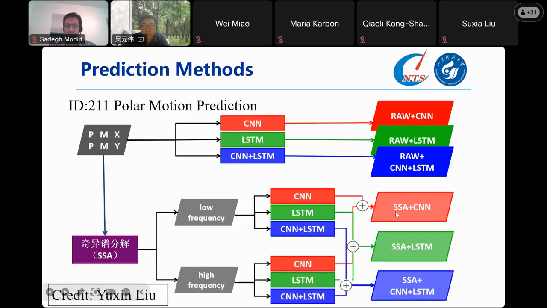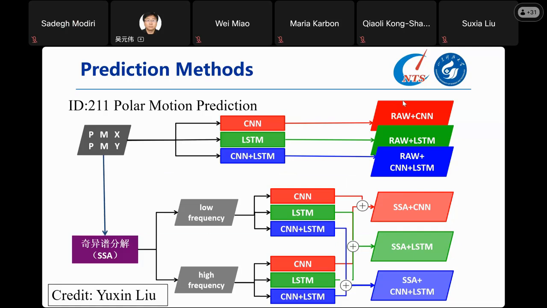Okay, so next is also a prediction for polar motions from the ID 211. He also shows what they did.